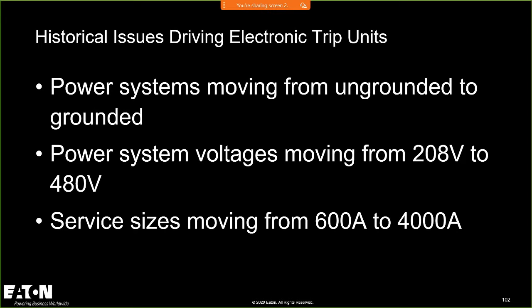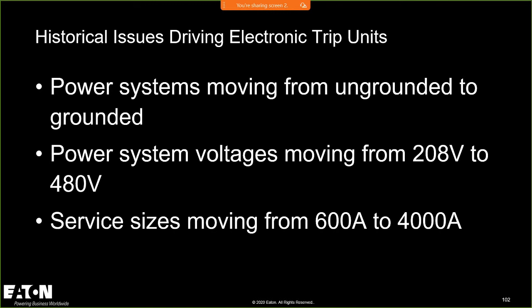Power systems were moving from ungrounded to grounded systems, from 208 to 480 volts, from 600 amp to 4,000 amp services, and because of the burn downs, they realized they needed to address the arc flash events that they were having at service entrance equipment.